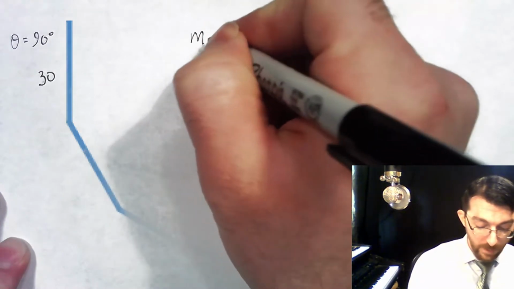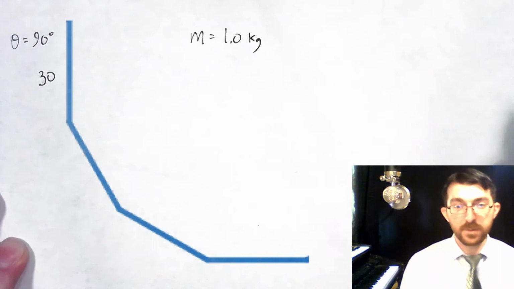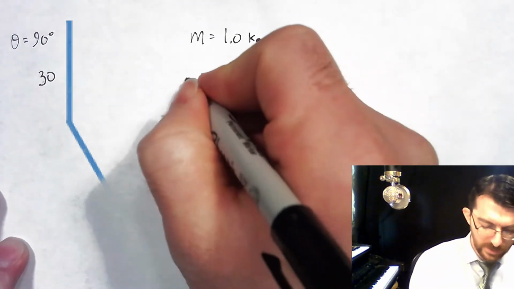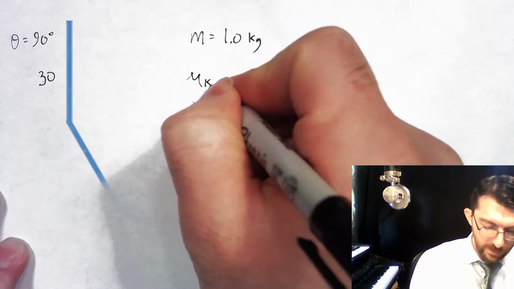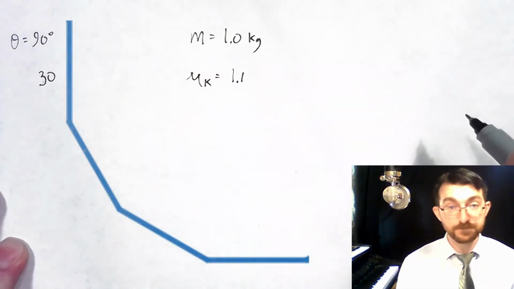We have a mass of 1 kilogram. This will be true for all of them, but it's just good to rehearse this information. We've got a coefficient of friction of 1.1.